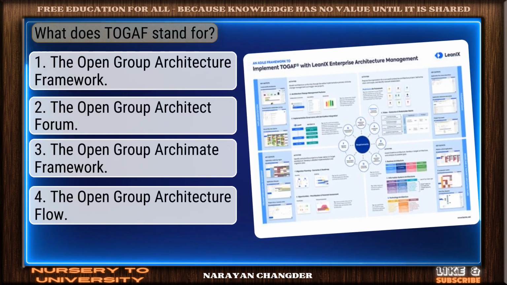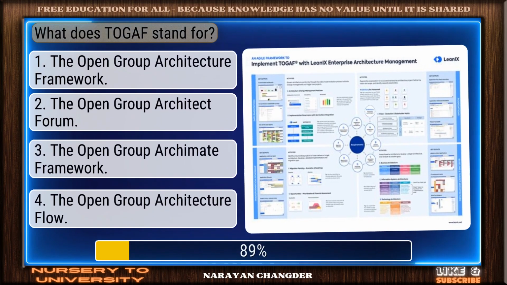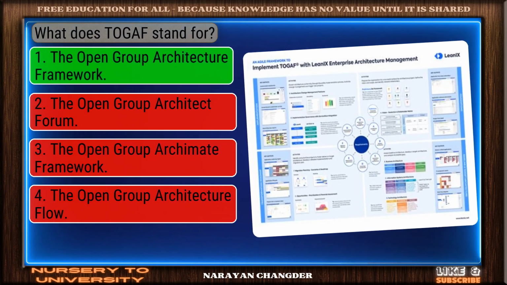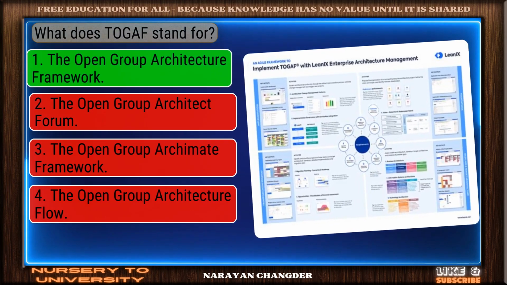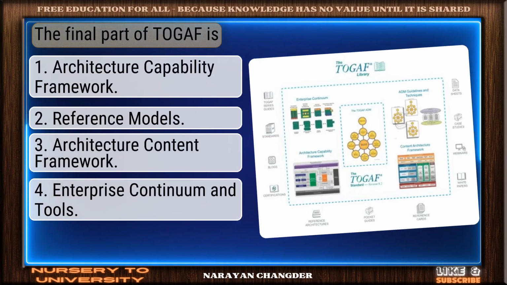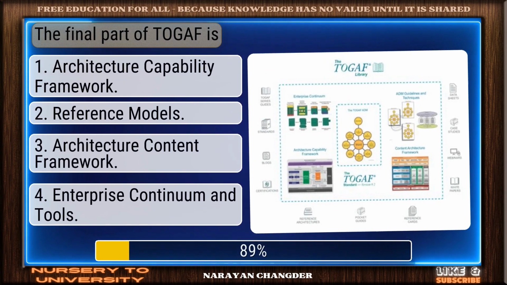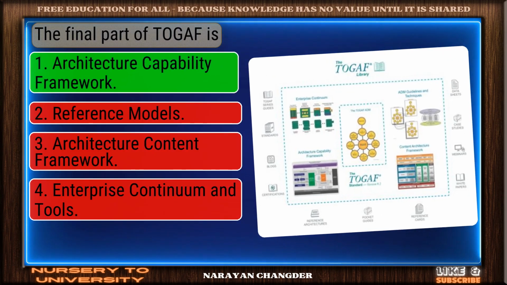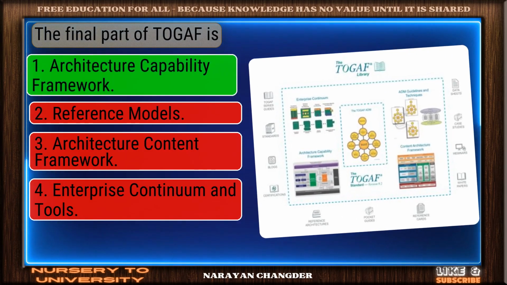Question number 77. What does TOGAF stand for? Clear logic. Your choice, the Open Group Architecture Framework, is sound and 100% true. Question number 78. The final part of TOGAF is? Great job. Architecture Capability Framework is the accurate answer.